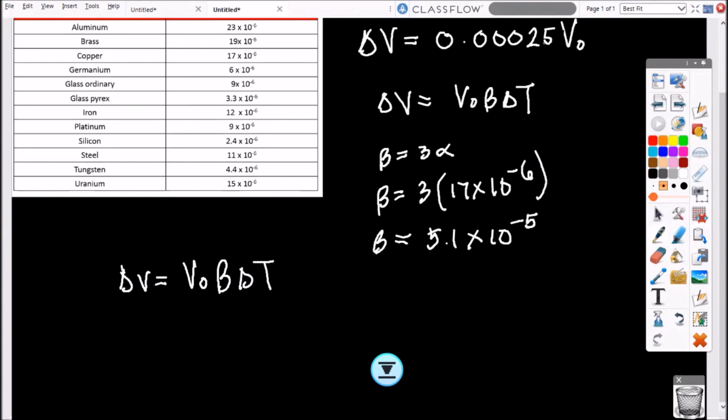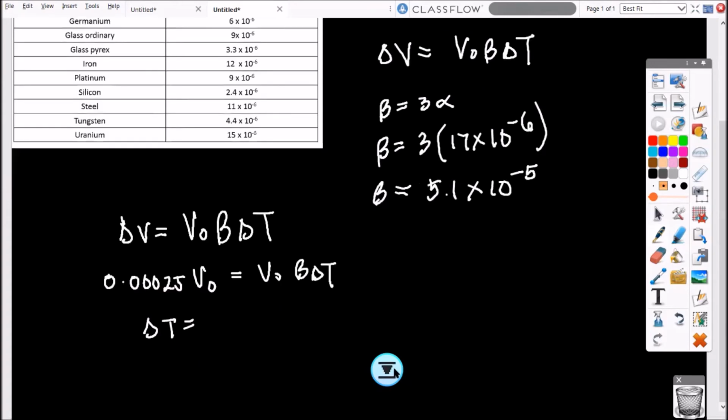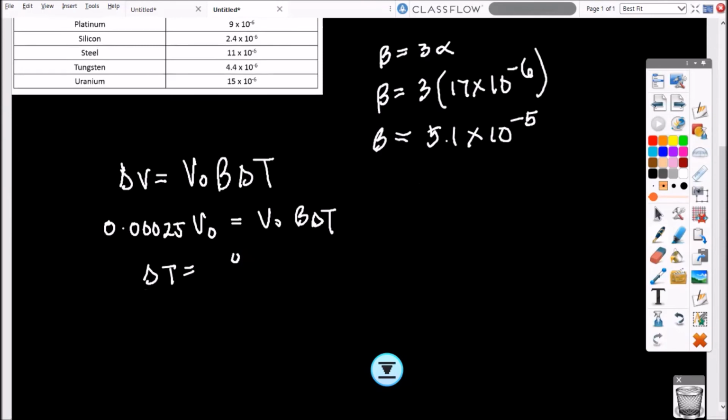That's 0.0025 of the initial volume, so it equals initial volume times beta delta T, or delta T equals 0.0025 of the initial volume divided by the initial volume times what is beta, that's 5.1 times 10 to negative 5.